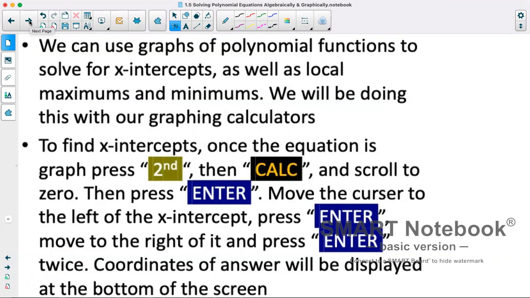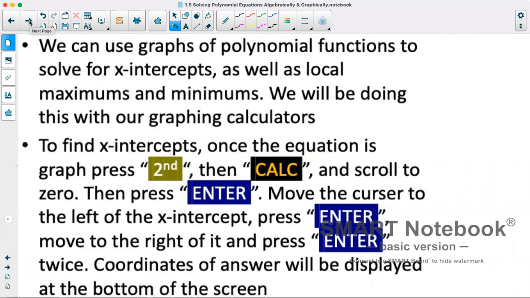We want to move that cursor to the left of where our x-intercept is, press enter. We then move it to the right of where our x-intercept is, press enter twice. What this will do is find anywhere where our graph has a y value of 0 between those two boundaries, and then it displays that coordinate at the bottom of the screen.